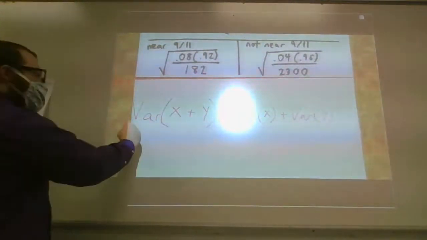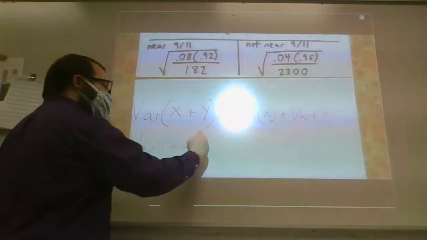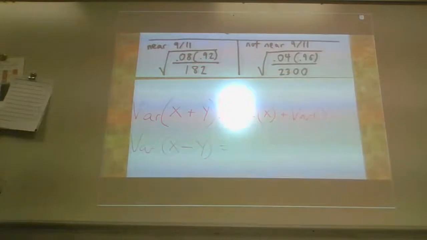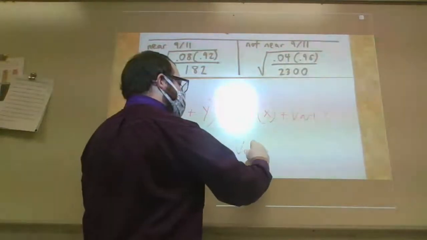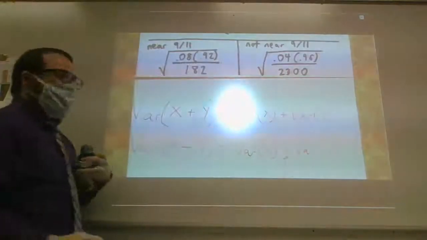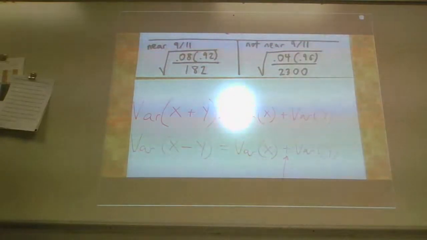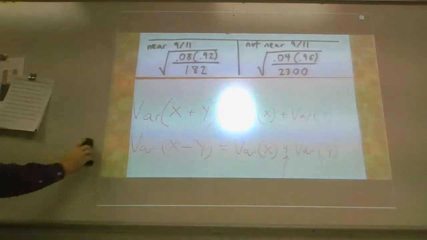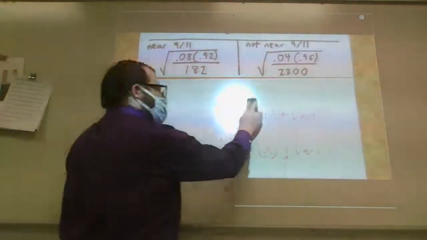And then the variance of x minus y, I wrote it again like this. Do you remember what I wrote there? Not a typo. Whether you are combining the variances through adding or subtracting, you add them. It creates a larger spread, so to speak. Then, after you combine them, you square root them back to be a standard deviation.